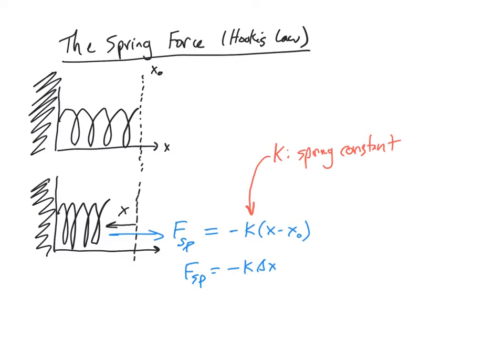We should also look carefully at what this x minus x naught means. So if I've picked x naught to be where I've indicated, and then I've picked x to be at a position down here, that means that my current x position is less than x naught, right? Because if my x is 0 here, getting positive in this direction, x is less than x naught, and that means that actually x minus x naught is negative, is less than 0.